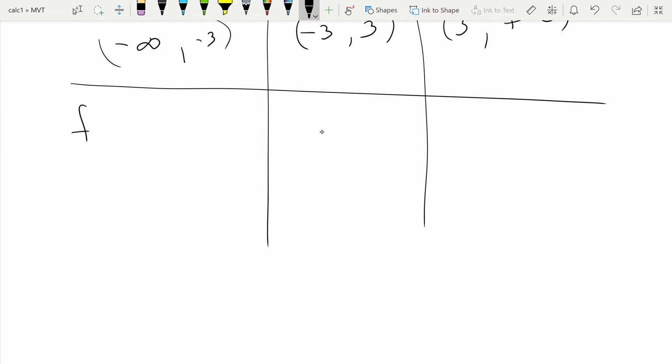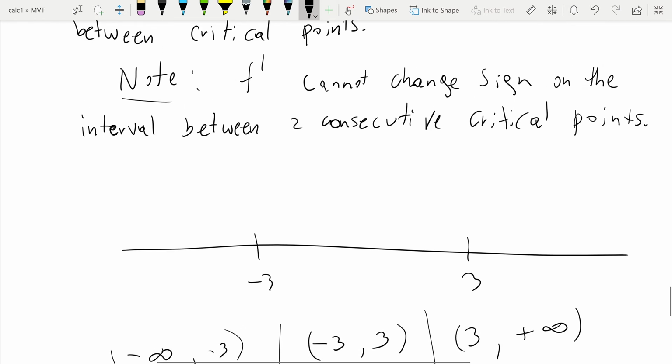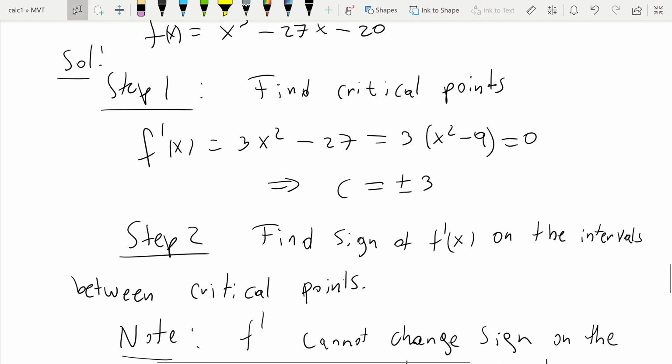So f prime of -4: if you plug -4 into the derivative expression, 4 squared is 16, 16 minus 9 is 7, 7 times 3 is 21.